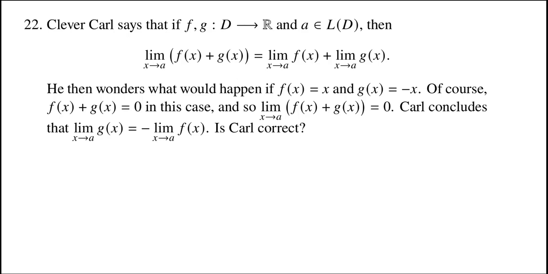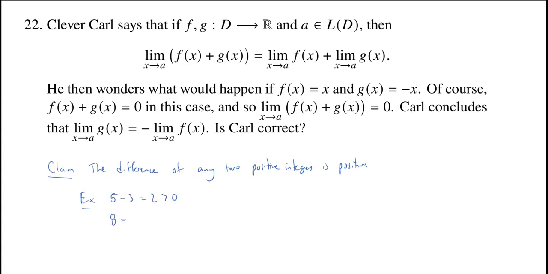This is in the same way that if I made the claim that the difference of any two positive integers is positive. Well, this is assuredly a bad claim, but look, I do an example. 5 minus 3, hey, that's 2. That's positive. And 8 minus 1, that's 7.